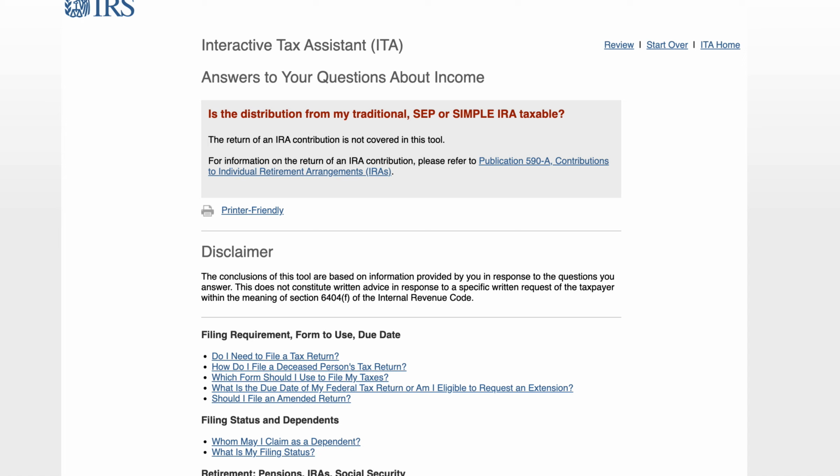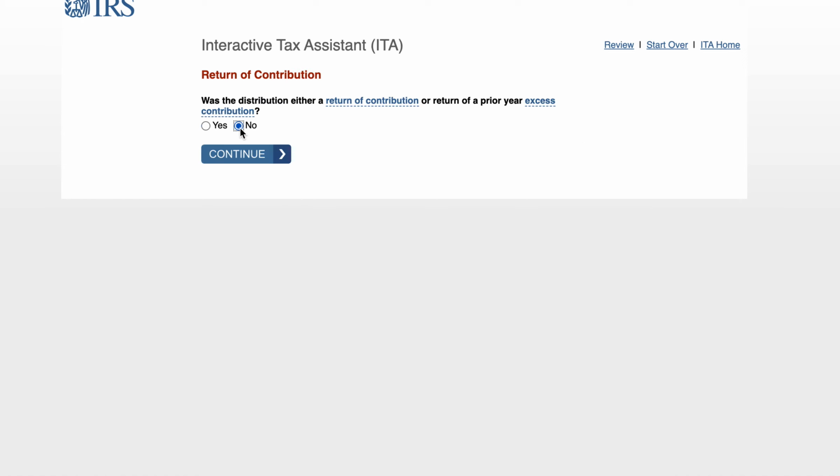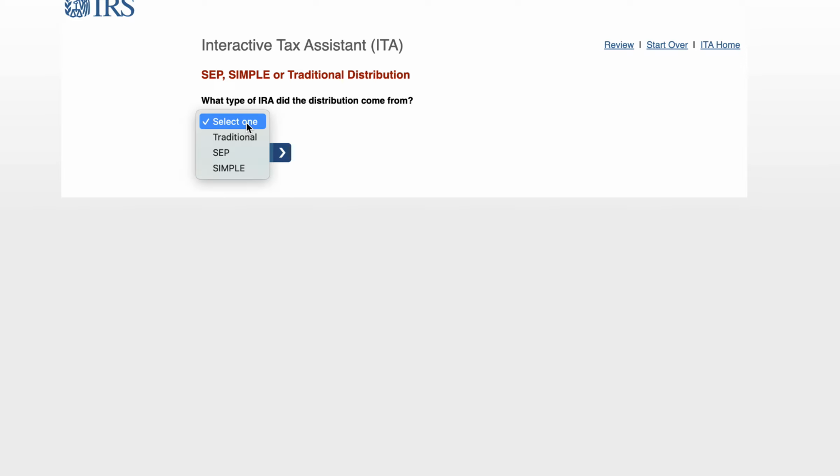It says, we told you this is not covered in the tax tool. So you're going to have to go to a publication, in this case Publication 590-A, and do some research to figure that out.